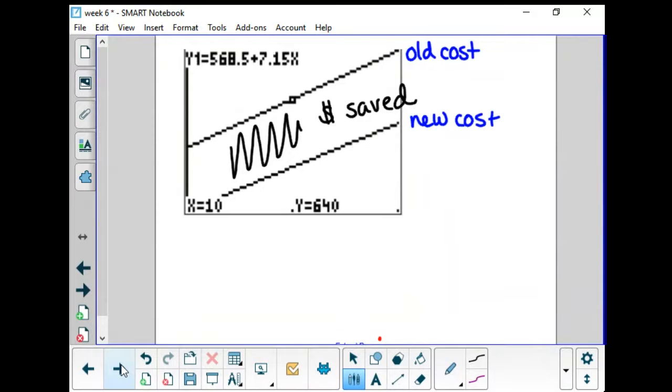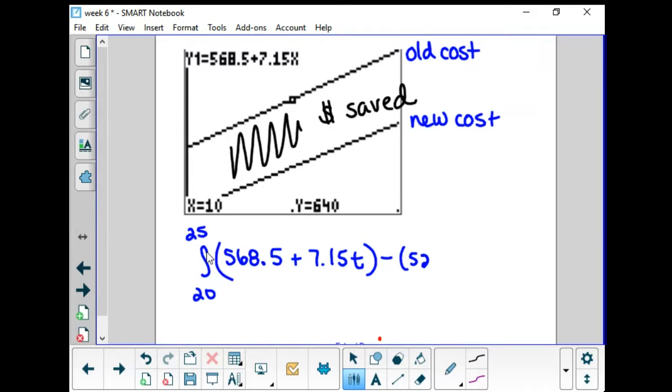And so we're going to integrate. Nope, I lied, not from 15. We're going to integrate from 20 to 25. The 568.5 plus 7.15 T model, minus the 525.6 plus 6.43 T model.